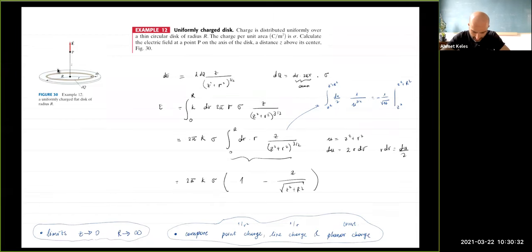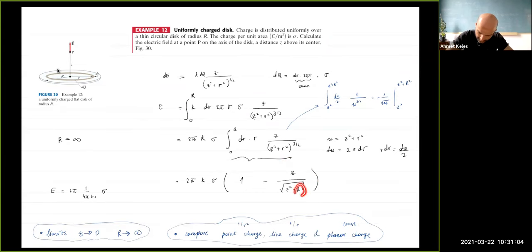Now let's think about the limits. Let's think of an infinite sheet like this. Let's take the radius to infinity. Then my electric field E is equal to 2 pi k sigma, with k being 1 over 4 pi epsilon naught, and this term will vanish, right?